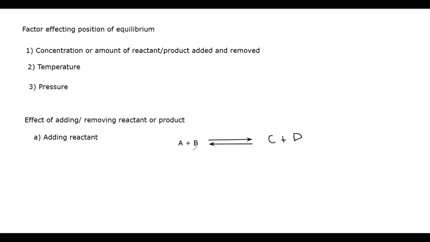What will be the effect if we change the concentration? Like we were having 10 grams of reactant and 15 grams of a product, and out of 10, 1 gram of a reactant is forming a product. At the same time, 1 gram of a product is forming back the reactant. So that means it was in equilibrium or balance.